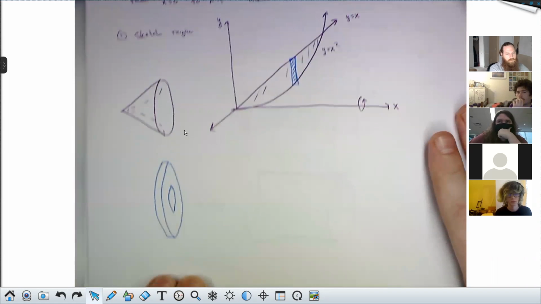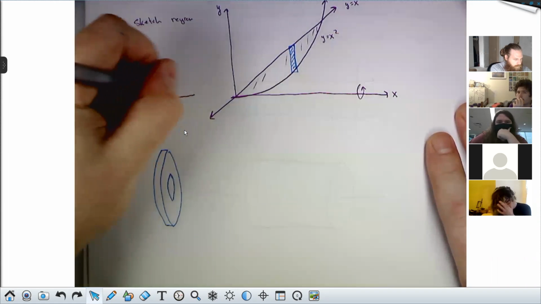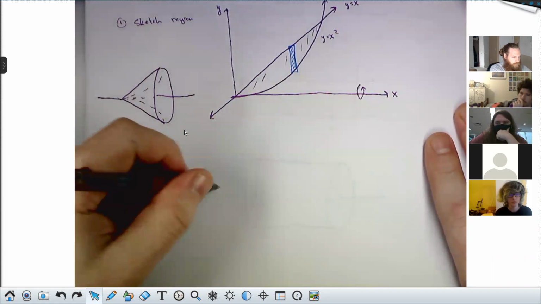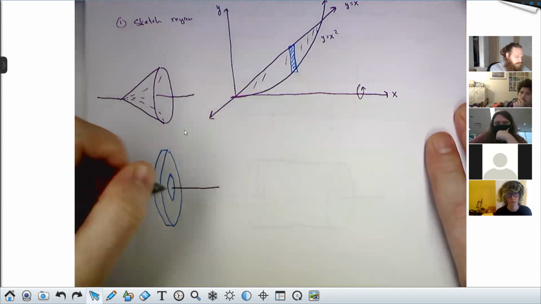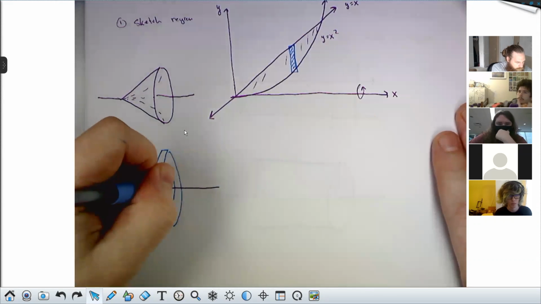Okay, and my art skills here are a little bit limited. I'm sorry for that. But here's the x-axis coming into my solid. And here's the x-axis in the setting of my little disk. What you'll notice about this little disk is that it has two radii.